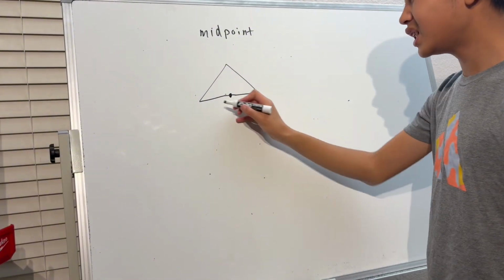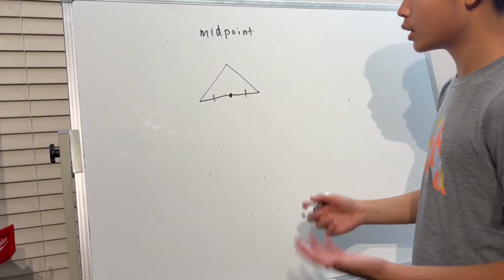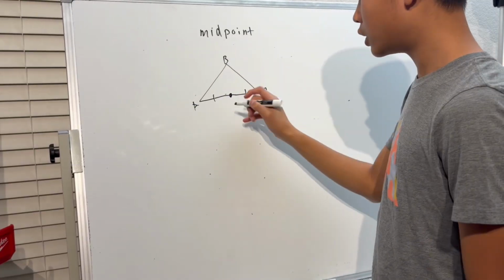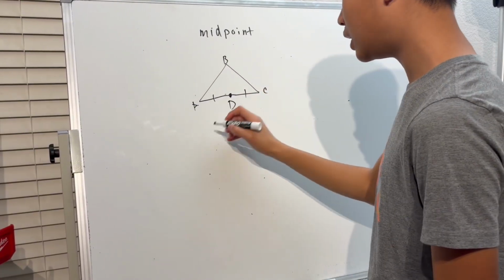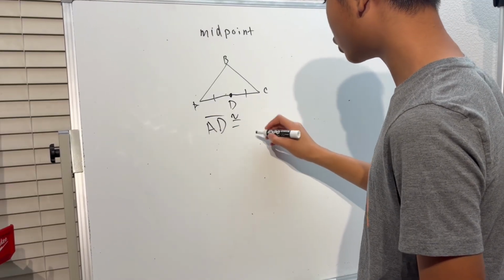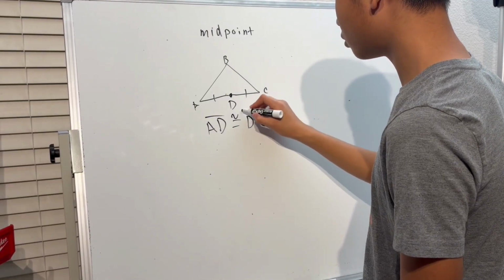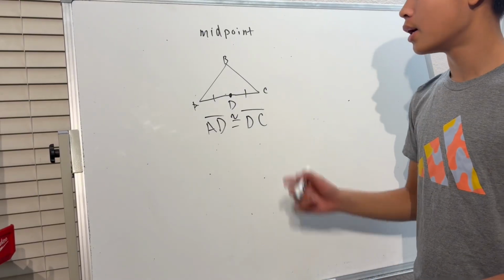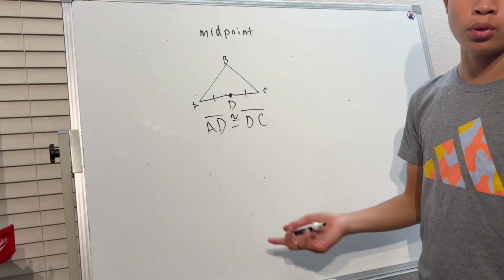It splits the side in two, so these parts are congruent. Let's say we have A, B, C, and this point is D. That means AD is congruent to DC. You can write CD if you want, it doesn't really matter. But that's it for the basic idea of the midpoint.